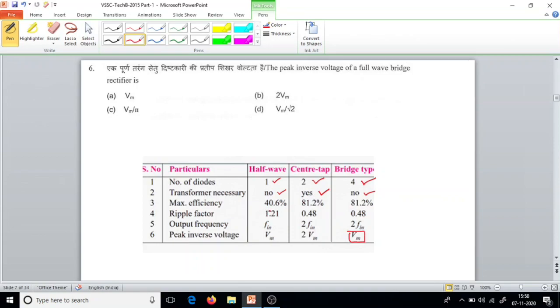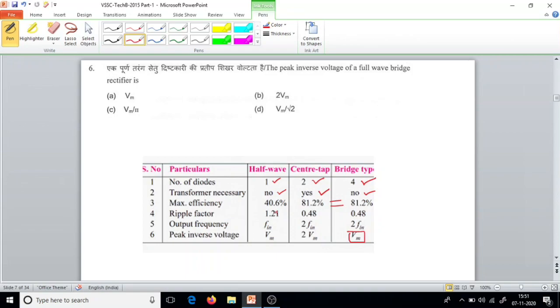Then what is the efficiency? Efficiency is high for a bridge type as well as center tap. Both efficiencies are equal, that is 81.2%. For a half wave rectifier, only half of that we will get, that is 40.6. Now there is the ripple factor.